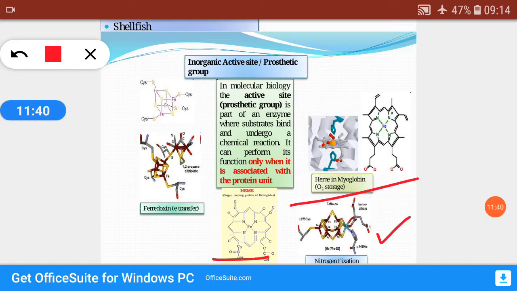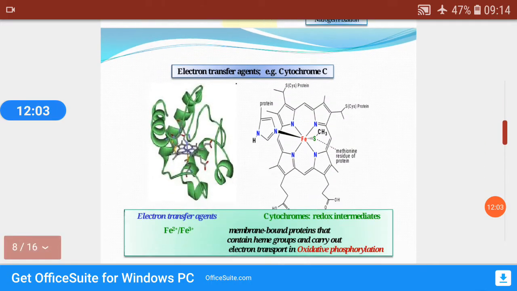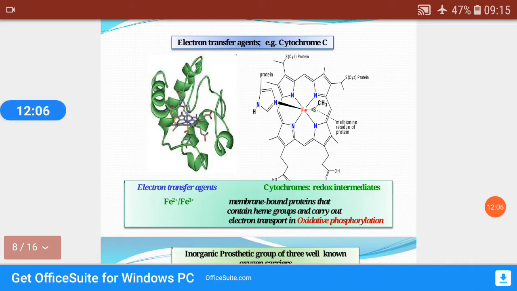So this is the heme structure, iron surrounded by 4 nitrogens of the pyrrole rings of the porphyrin group, chemical group. Okay, so the prosthetic group or the active site is the iron element itself, and the organic protoporphyrins are present.